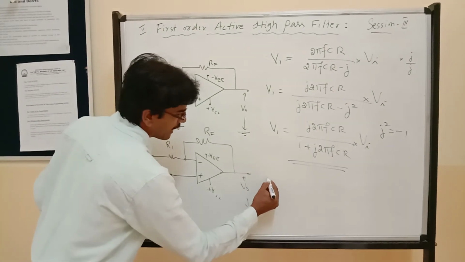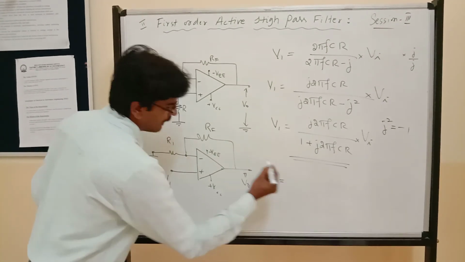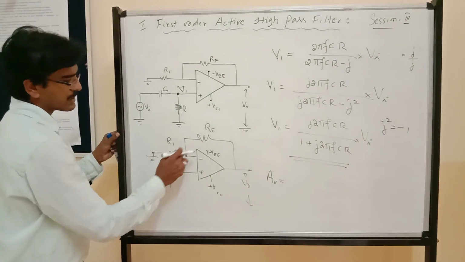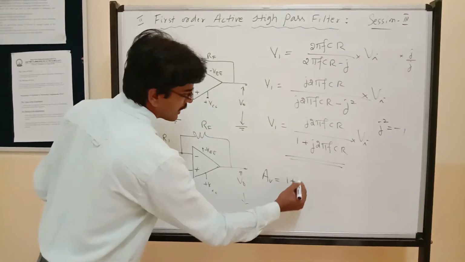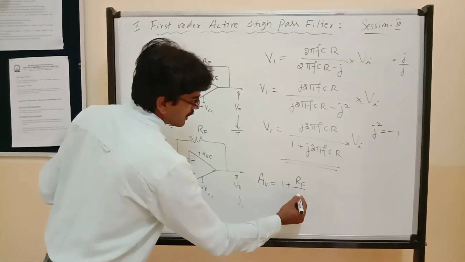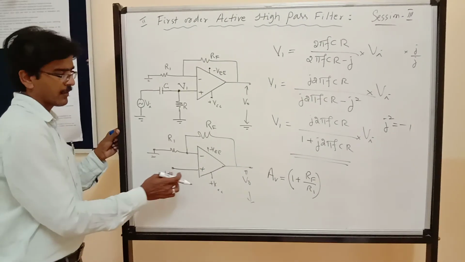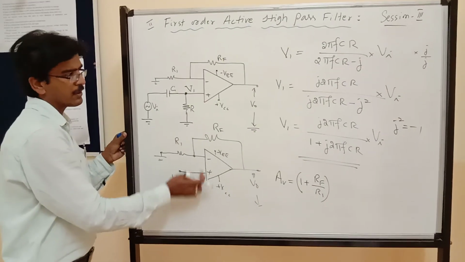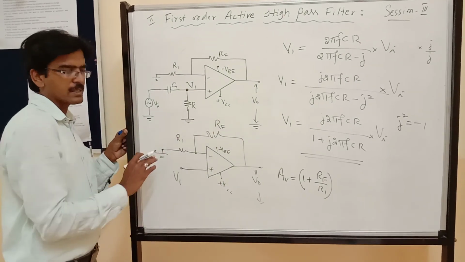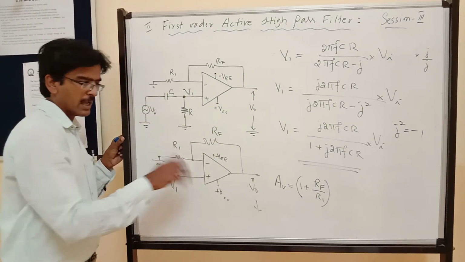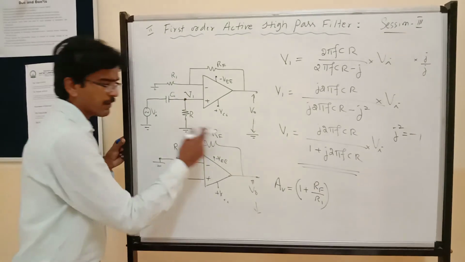I take it as voltage gain AF is equal to 1 plus RF by R1, 1 plus feedback resistor divided by grounded resistor. That is the gain of non-inverting amplifier. So you are applying input to non-inverting terminal, feedback is negative, it is a non-inverting amplifier, gain is 1 plus RF by R1 for this circuit.